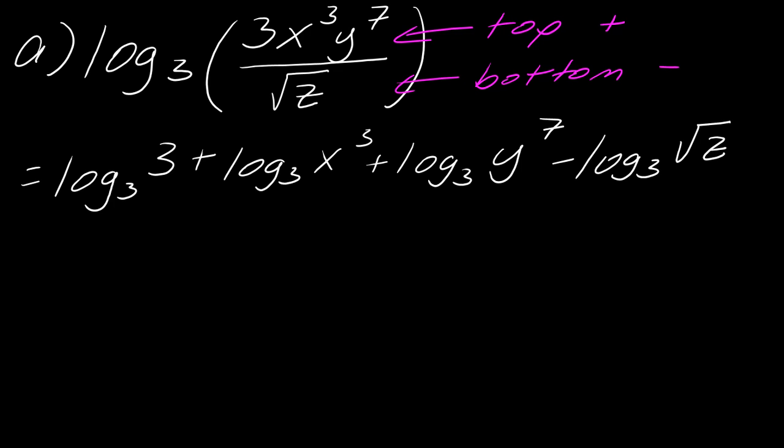Okay, so look at what I did. All the stuff that was on top, it's all positive. You can just bank on that. Boom, nothing to think about with it. Anything that's in the bottom, if I had multiple variables in the bottom, they would all get a minus sign.